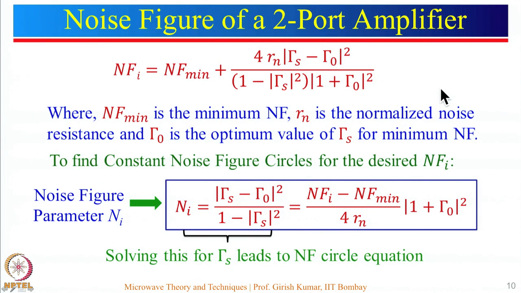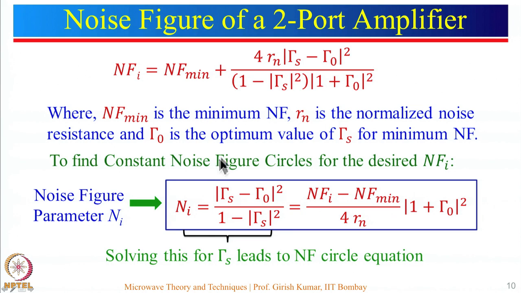So, to make life simpler, manufacturers generally give the values of NF min, Rn and gamma 0 at a given frequency. Then you can design the amplifier using these parameters for either the best possible noise figure or the best possible gain, or maybe we may compromise between the two.